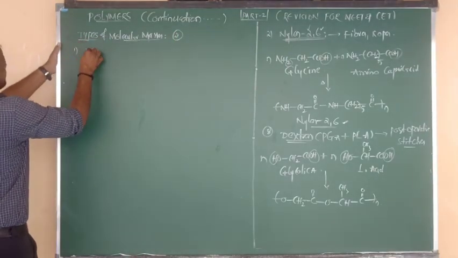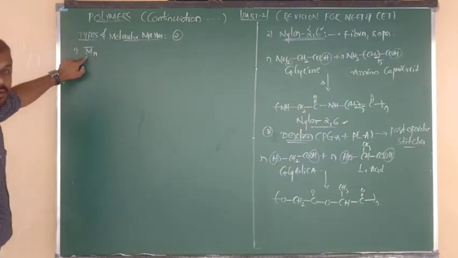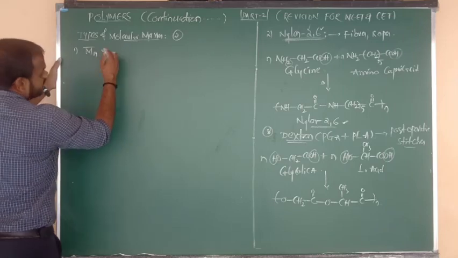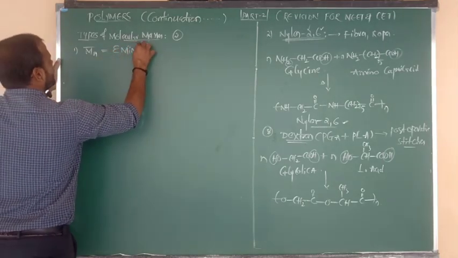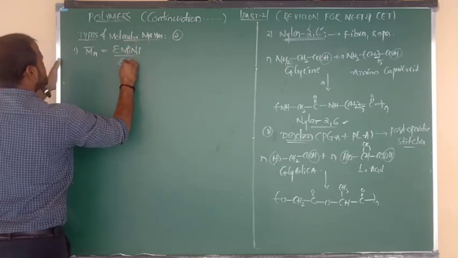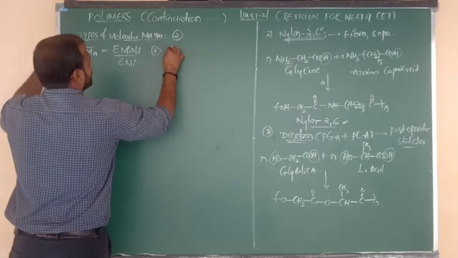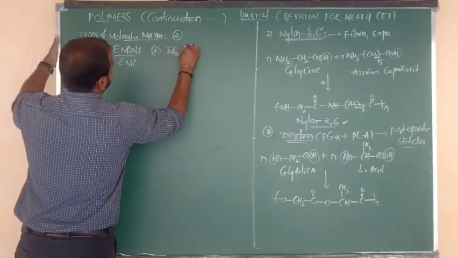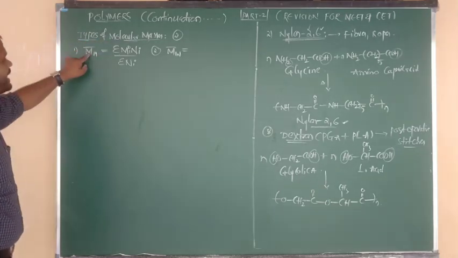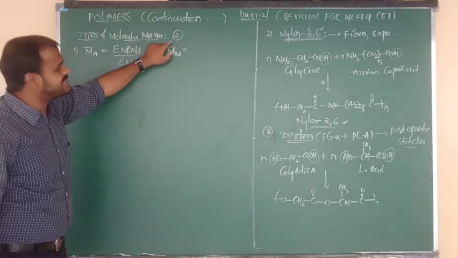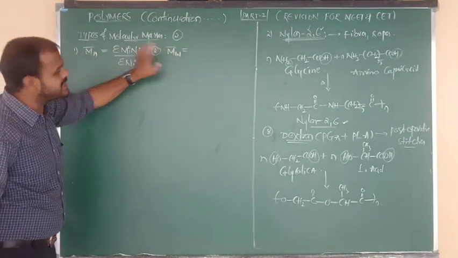Number one is Mn bar, the number average molecular mass, calculated by the formula summation of MiNi by summation of Ni. Number two is the weight average molecular mass, Mw bar. Polymers have two types: Mn bar and Mw bar, the number average and weight average molecular mass.